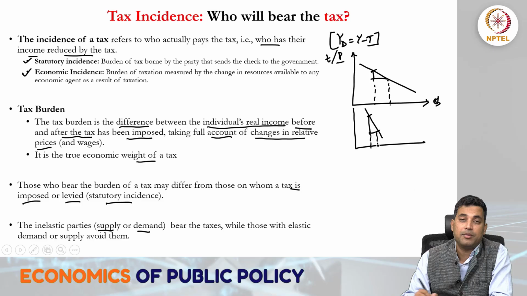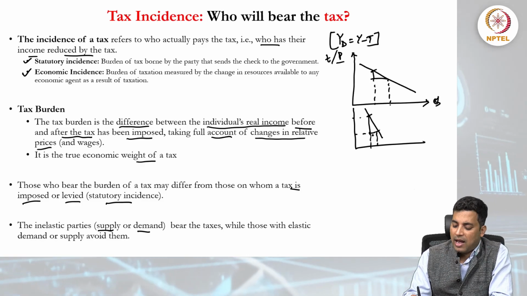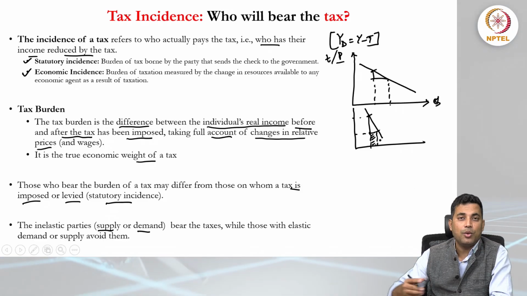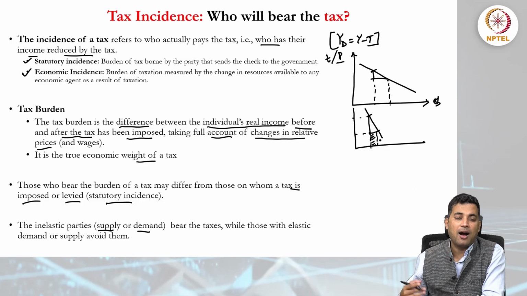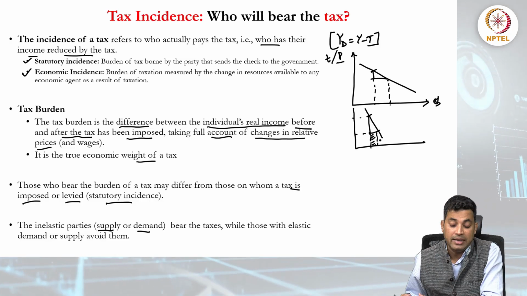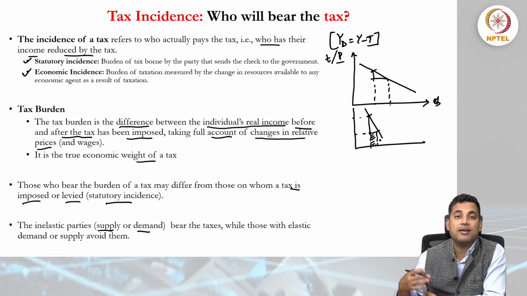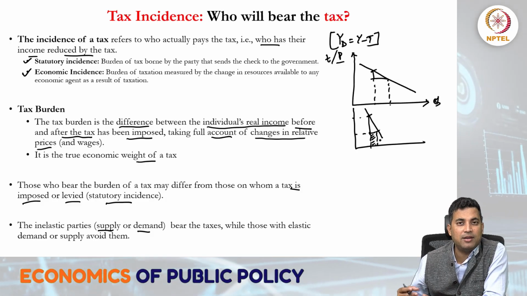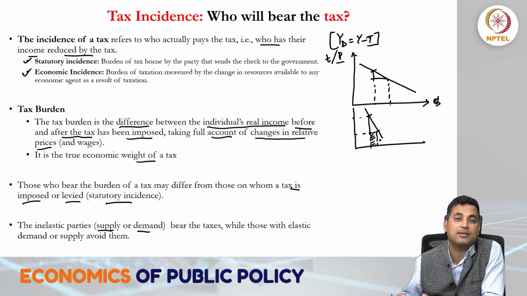In the second diagram, one unit of change in the price is only marginally impacting the quantity. So from taxation's point of view, with higher tax imposition in the case of inelastic parties, higher changes in the price have a very small effect on the quantity demanded, unlike in the elastic case.